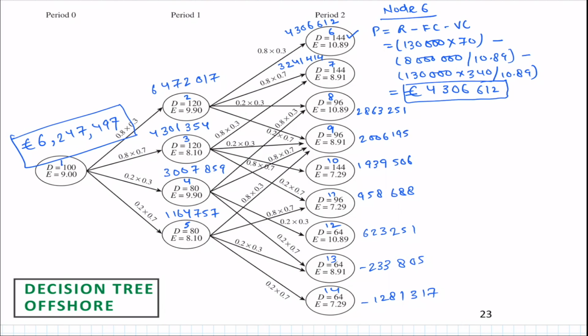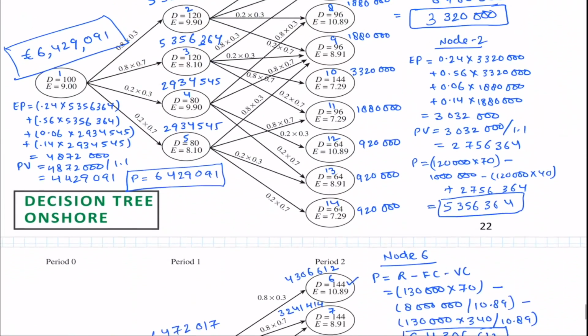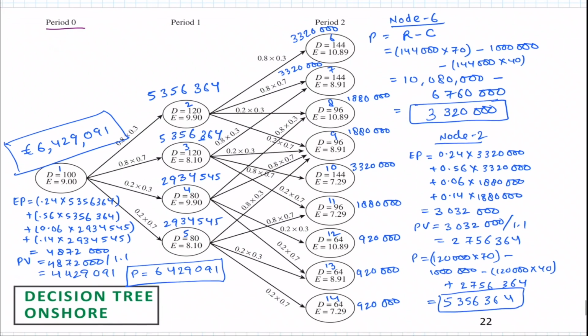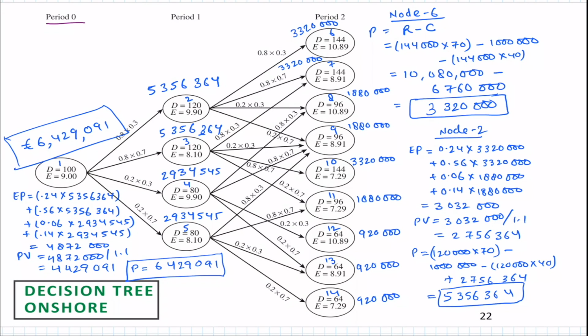While doing this analysis, we see that we not only take into account variability in demand, but we also take into account variability in exchange rates. And we find that because the onshore plant provides a lot of flexibility, we have better returns if we go for this decision.